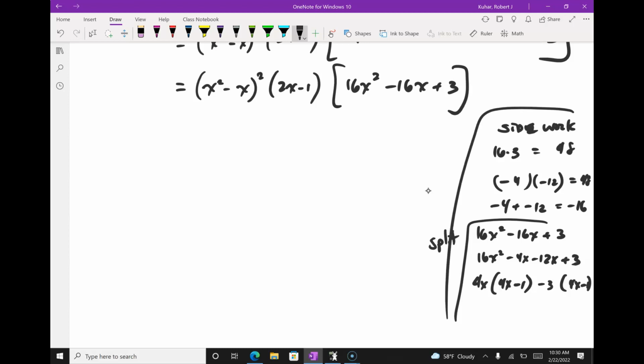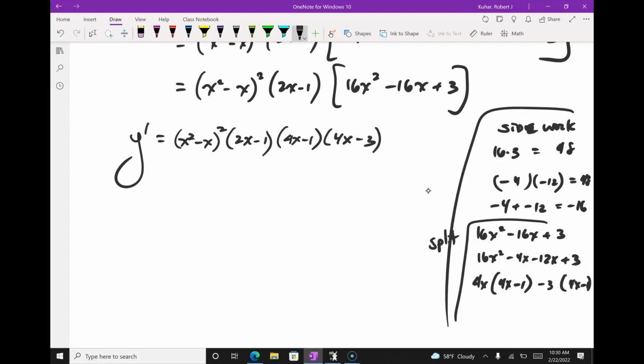So there it is. I've got y prime is x squared minus x quantity squared, 2x minus 1, then a factor of 4x minus 1 and a factor of 4x minus 3 from my side work. Still not done. Do you see anything else common?